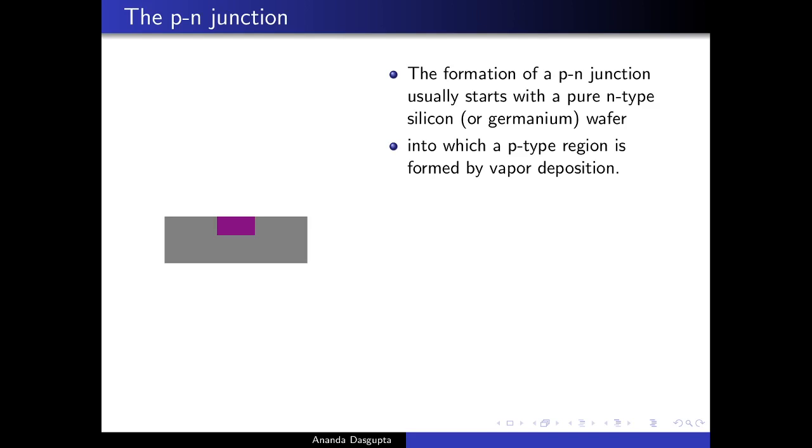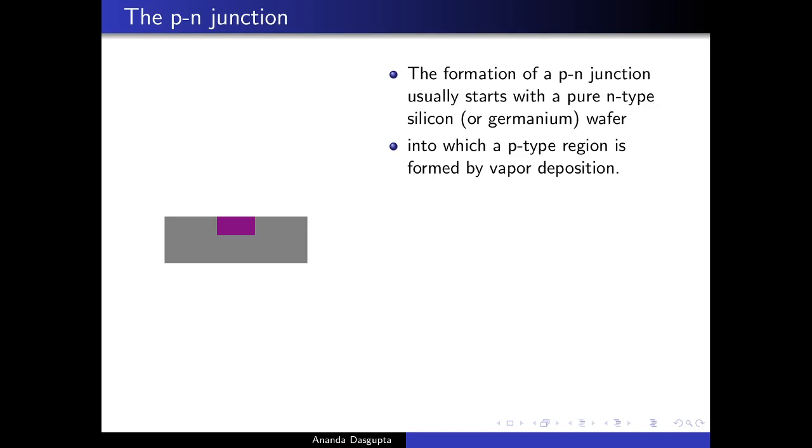However, to understand the way in which a p-n junction works, we will make use of a fiction that you are really creating a p-n junction by taking a pure p-type semiconductor, a pure n-type, and just putting them together. That's not how a p-n junction diode is usually produced, and one of the major reasons is if you take two distinct wafers and you try putting them together, there will be too many gaps at the interface for the thing to work properly.